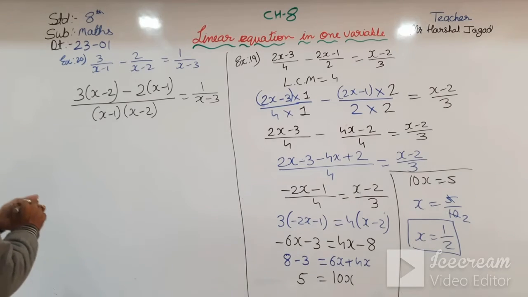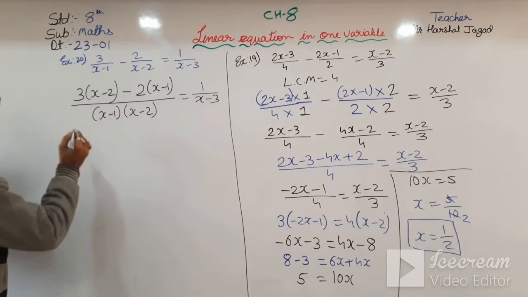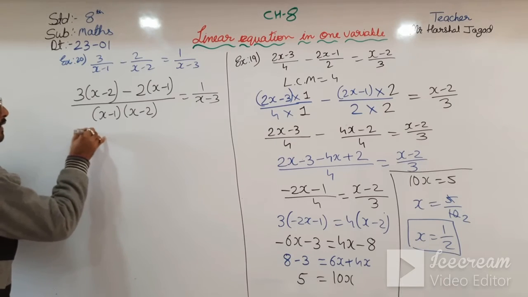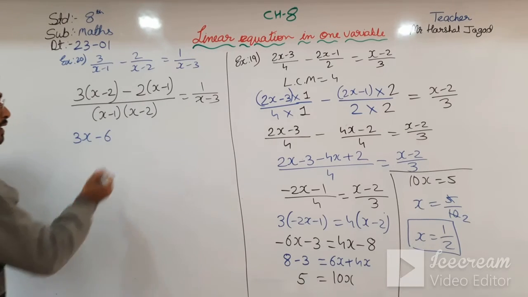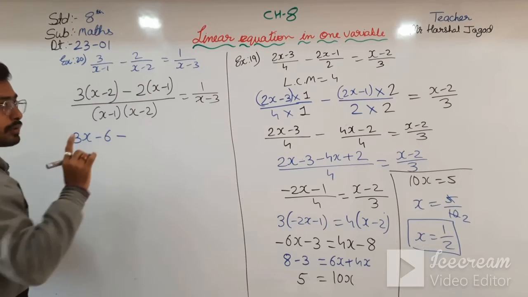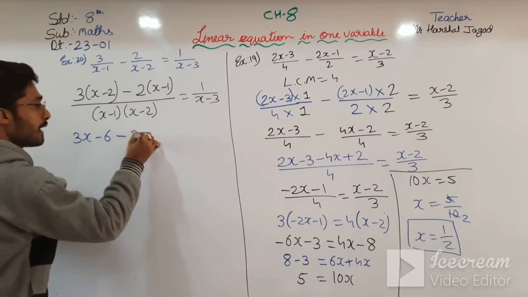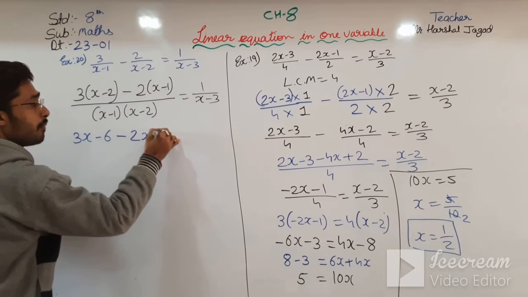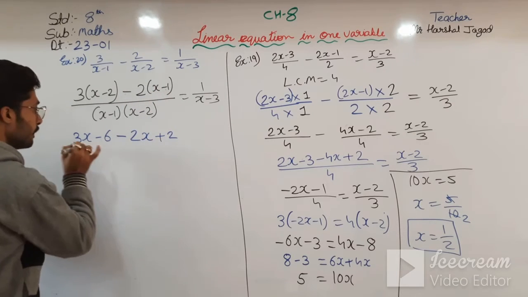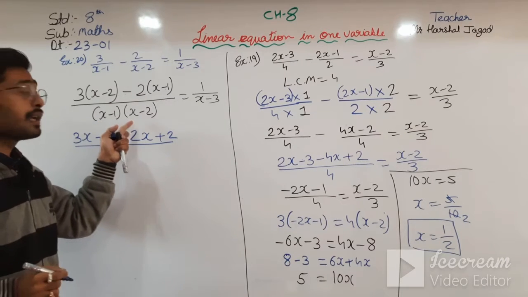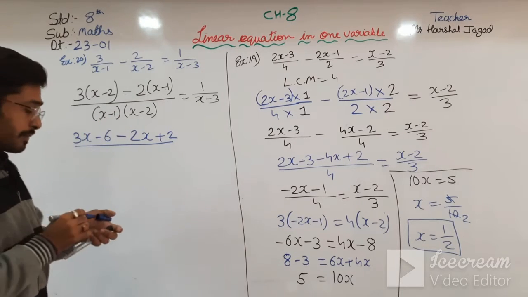So here, if we solve this, 3 multiplying by this bracket, so 3x minus 6. Here it is minus sign, so take care. So minus plus minus, that is minus 2x. Minus minus plus, that is 2 upon. First of all we have to multiply x with this bracket, then after minus 1 with this bracket.